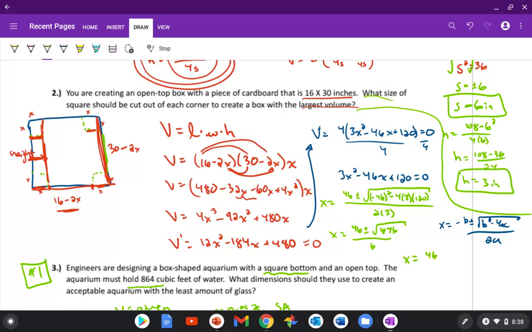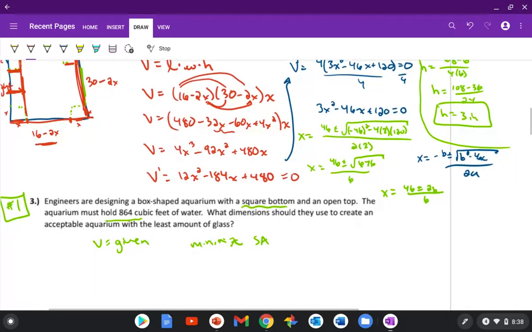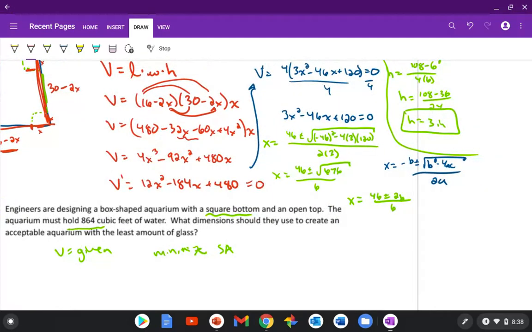So x equals 46 plus or minus 26 over 6. From this point, if you're a little bit rusty on doing a problem like this, you want to break it apart into x equals 46 plus 26 over 6, and then x equals 46 minus 26 over 6.